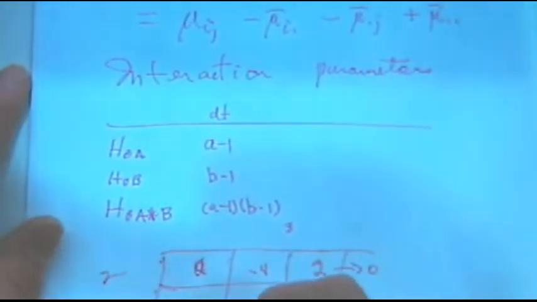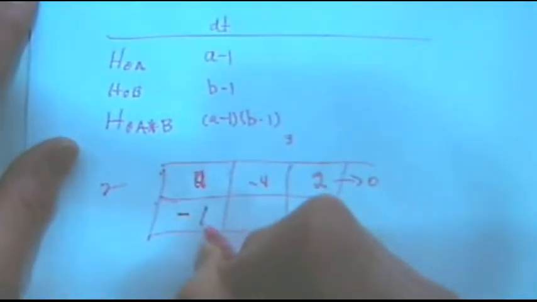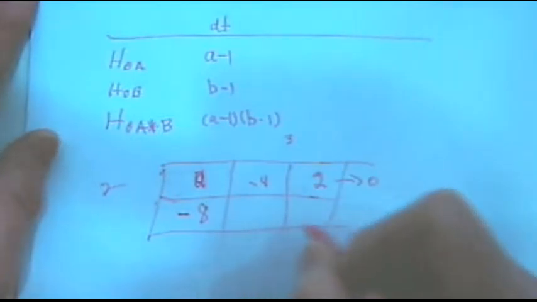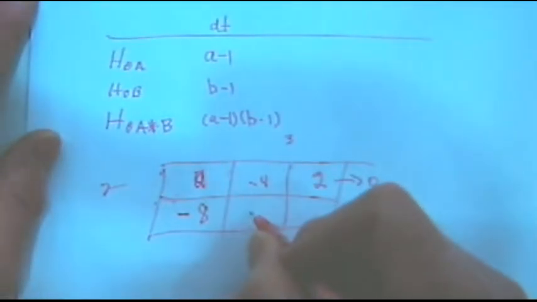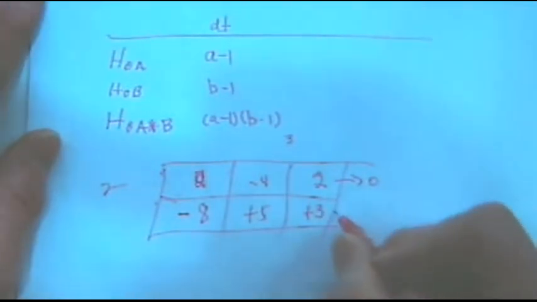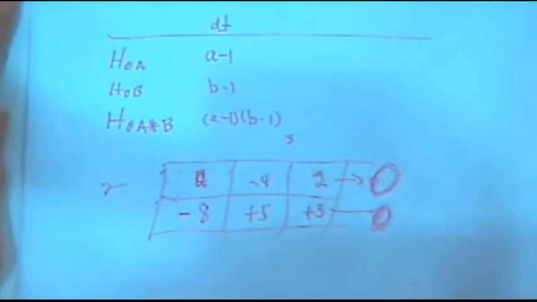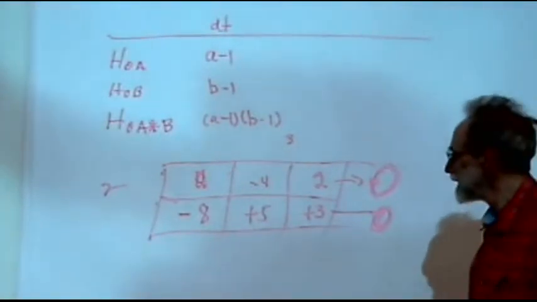You just have to make another average 0, which is not parallel at all. So this would be minus 8 plus 5 plus 3. See, and if you're just in the margins, you just see 0. Right? The average is 0. There's no effect for A here. The average effect is the same.